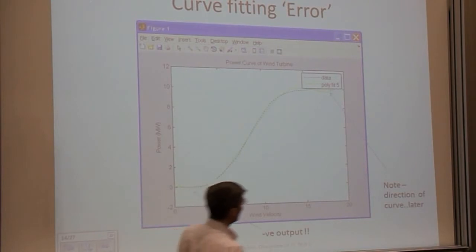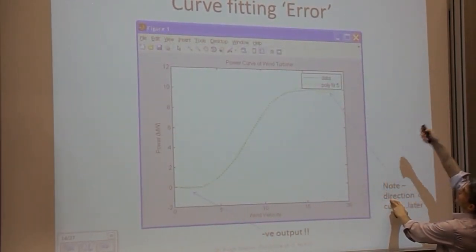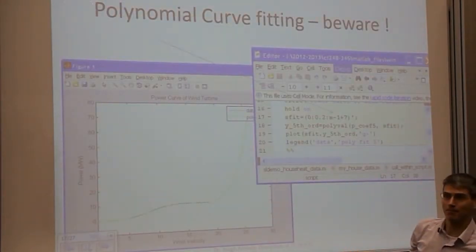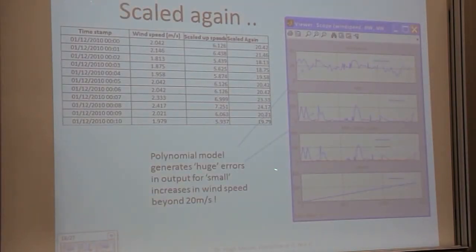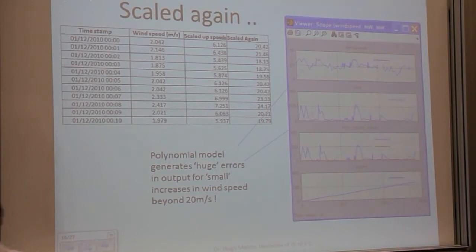It's just that I'm now plotting it out to 25, but because the trend is up in that direction, what you see essentially is this. So that's what's causing the error there that we need to make sure we take out using the limiter, which is what we do there. So that's the value of Simulink. You can very quickly model the real system by putting in these limiter blocks.